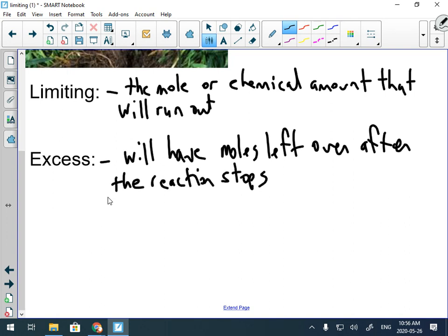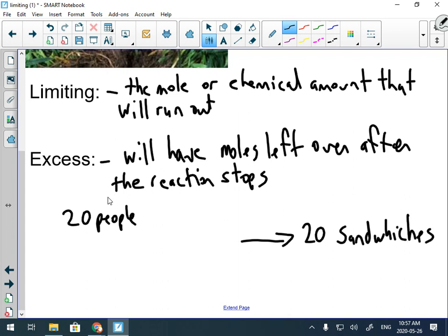So if you want to think of that example I gave you, we have 20 people. So we have to make 20 sandwiches. Right? How do you make a cheese sandwich? Well, you need 2 bread, right? 1 slice of bread, and 1 cheese.